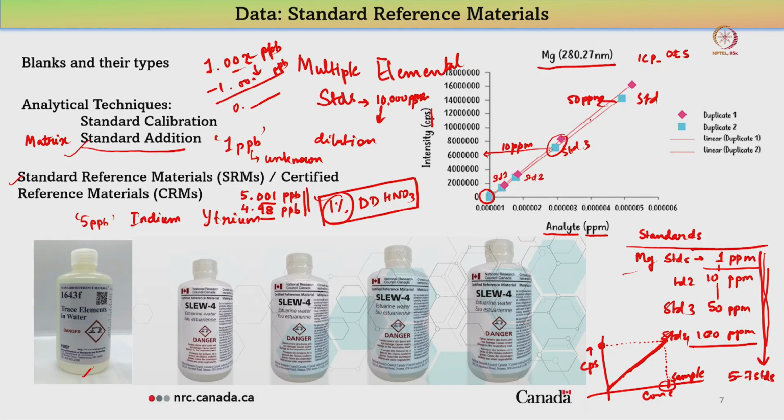Another is SLEW, which is a form of estuarine water. Now, what is the difference between the two? 1643F is a completely artificial standard. That means they have prepared it in their lab with known concentrations of particular elements.